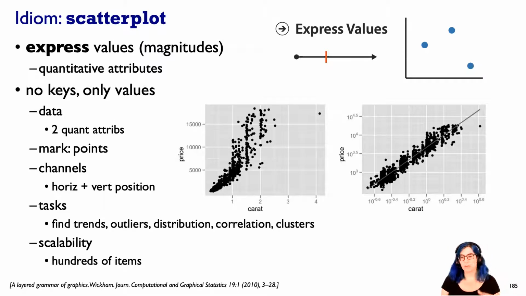Now, what I'm going to do in addition to talking about tasks is also systematically talk about scalability, assuming a display of 1,000 by 1,000 pixels, just to give us something easy to think about for the purposes of comparison. Let's think about what is the scale at which this idiom works. So in this case, we'll think, how many items can I have? How many point marks until suddenly the clutter gets so strong it's going to be hard to see?